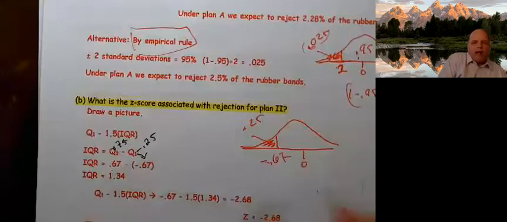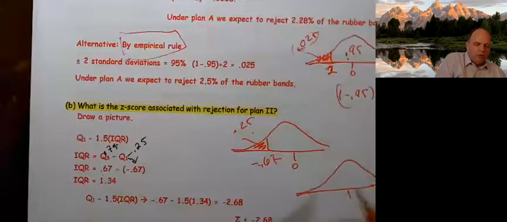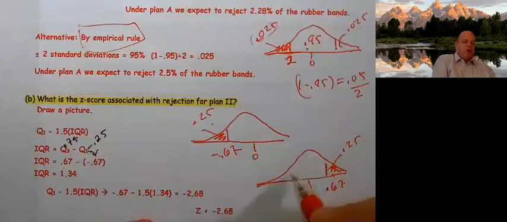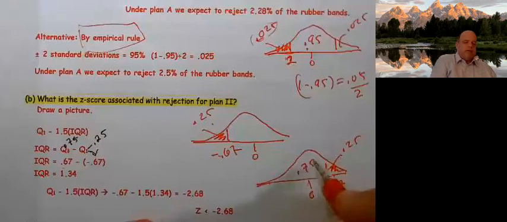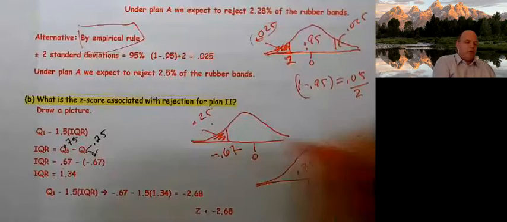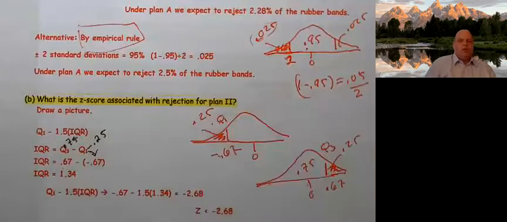As soon as you look that up, you should be able to go, you know what, on the upper side, the upper 25% would be positive 0.67. But the table works left to right, so you're looking at 0.75. So this is your Q3. This would be a Q3 chart. This would be a Q1 chart.